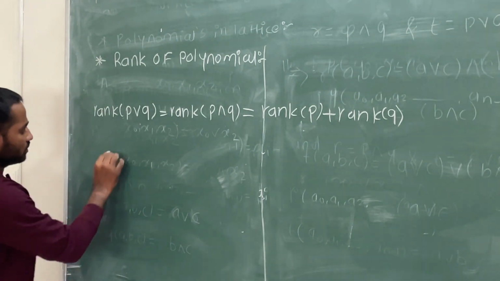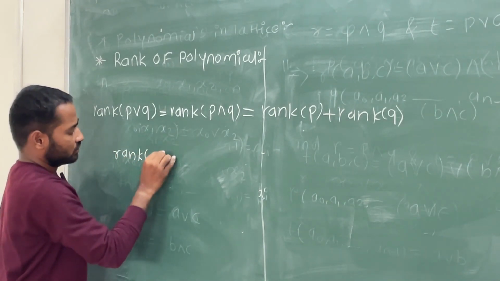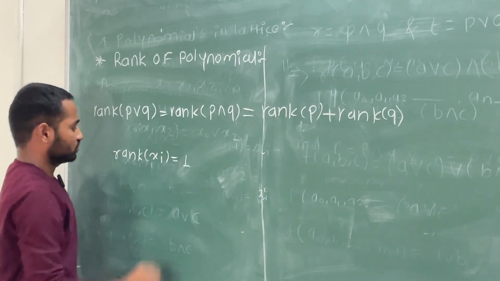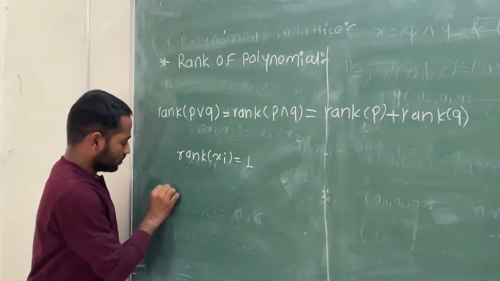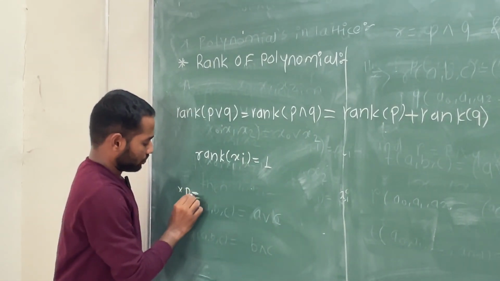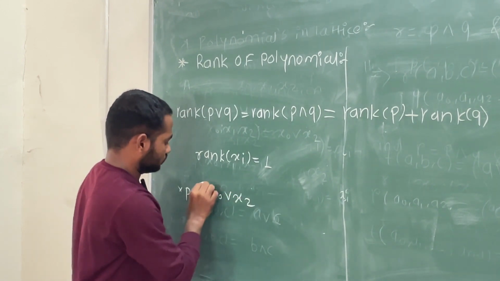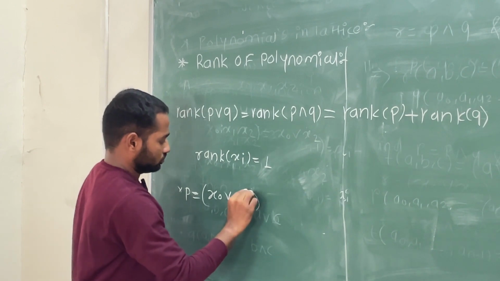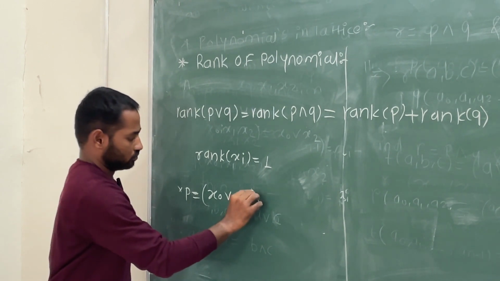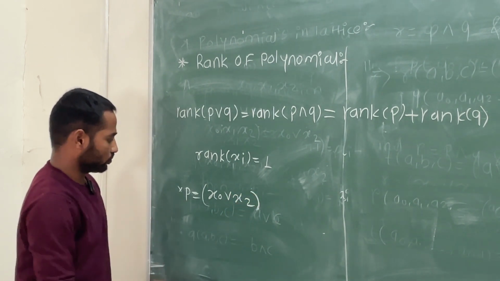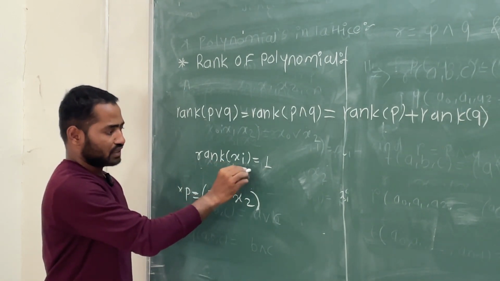If you have a single element monomial xi, then its rank is 1. If you have one variable, one monomial, then we take its rank as 1.